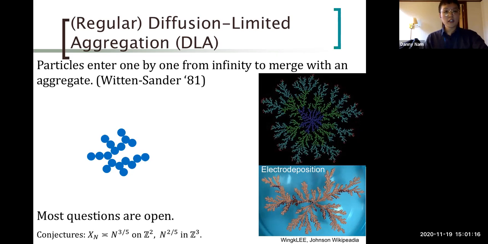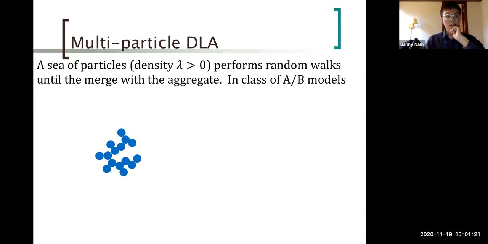So today's talk will be on a variant of this model, which is multi-particle DLA. In the previous model, the particles entered one by one, but now we assume that the particles are spread all across the domain under a certain density lambda, and they perform independent continuous time simple random walks at all times until a particle attaches to the existing frozen component and then freezes together.